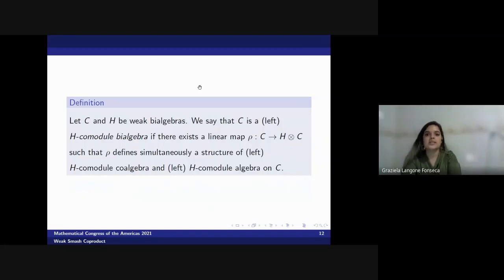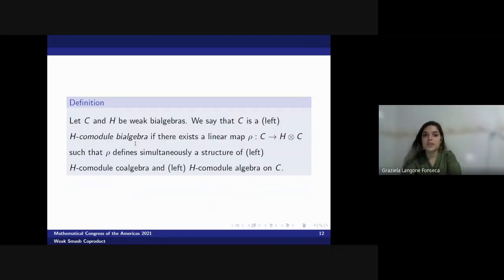We say that C is a left H-comodule Bi-algebra if there exists a linear map rho from C to H tensor C such that rho defines simultaneously a structure of left H-comodule algebra and left H-comodule coalgebra on C. From now on, we will consider C as an H-comodule Bi-algebra.